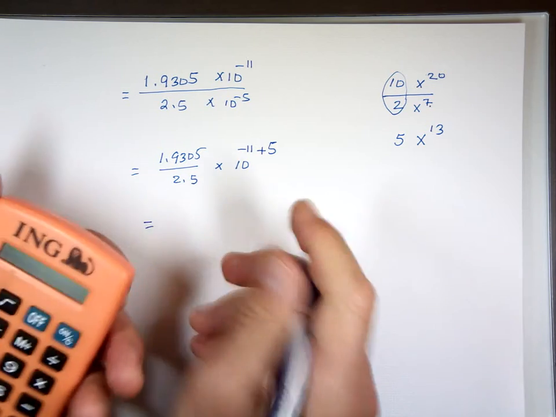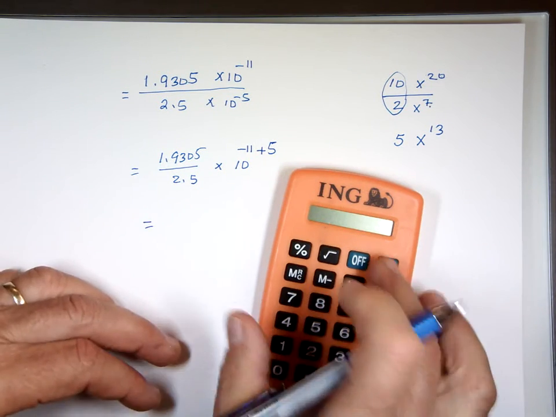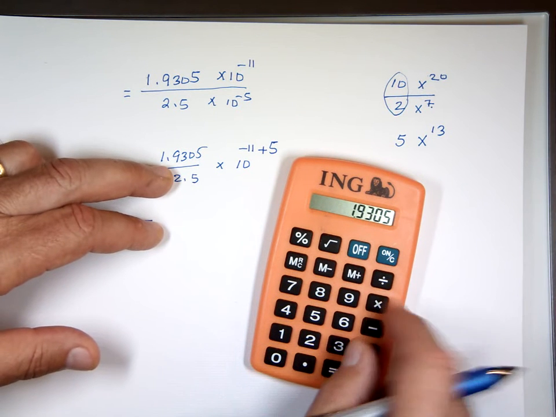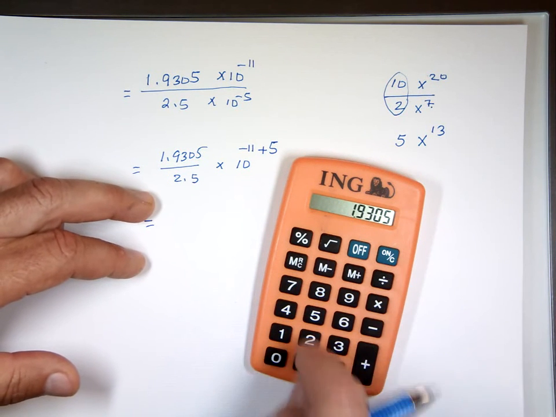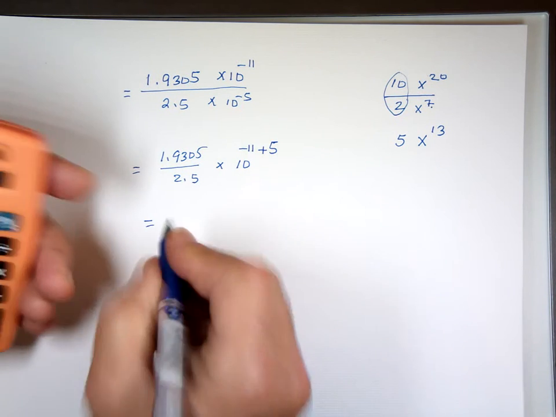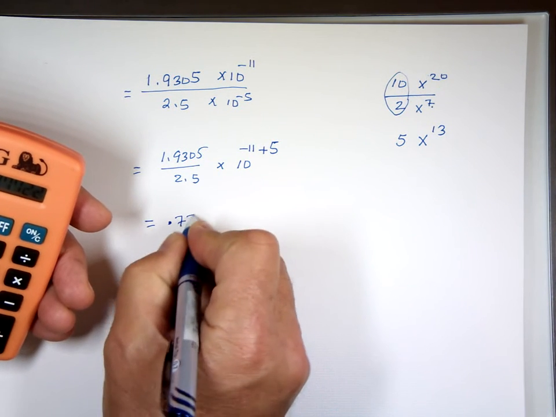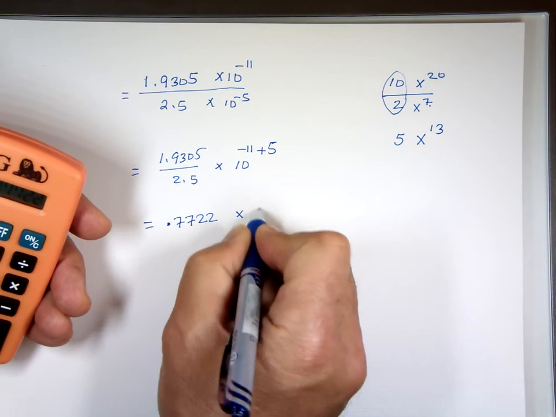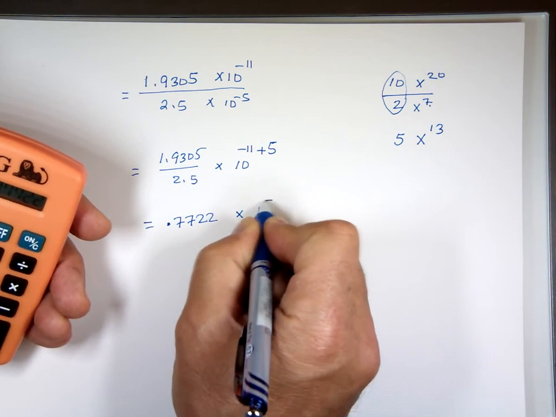Let me go to this cheap calculator and just divide the numbers. 1.9305 divided by 2.5. It's 0.7722 times 10 to the negative 6.